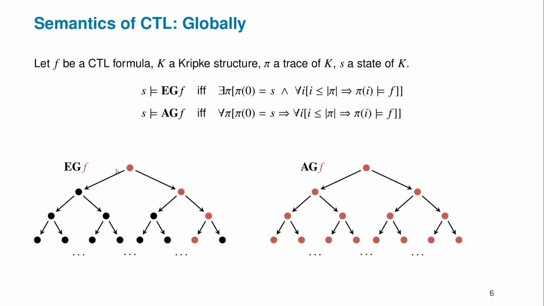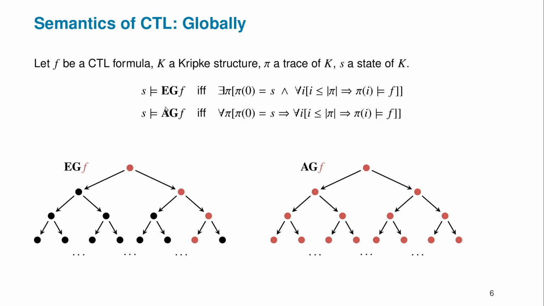So we have to find one path in the set of all possible paths on which F holds always. In this continuation of the program, there is one path where F always holds. This is like picking one particular trace where F always holds.